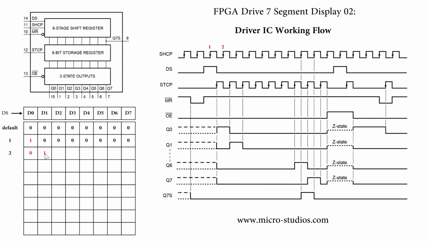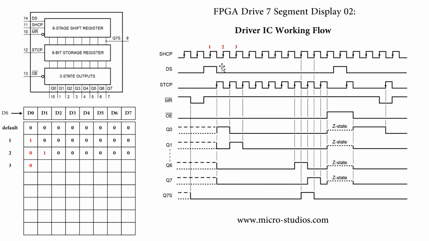It is like the FIFO, first in, first out. So this is the first in, and it will move forward, and the rest of the data will keep the same value. It's all 0.